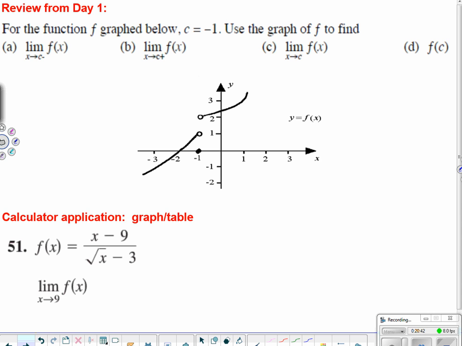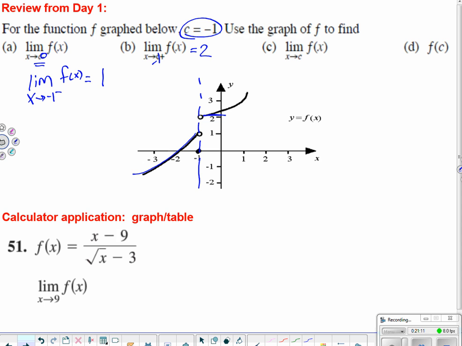This is just review. The limit as we approach C from the left, and C happens to be -1, so I could rewrite this as the limit as x approaches -1 from the left side of f of x, the picture shown. From the left side, as I come into -1, it looks like we have a height of 1. As I come into -1 from the right side, I am at a height of 2, right in here.